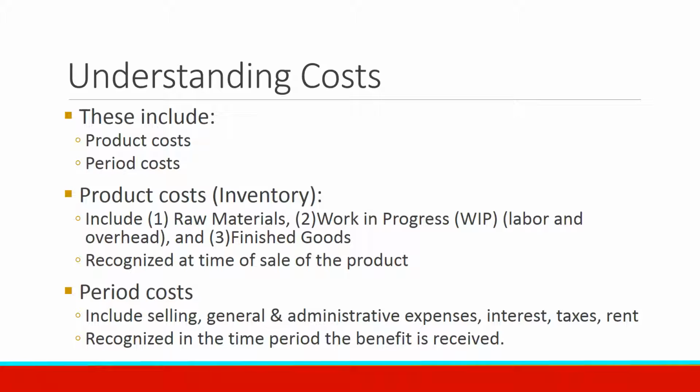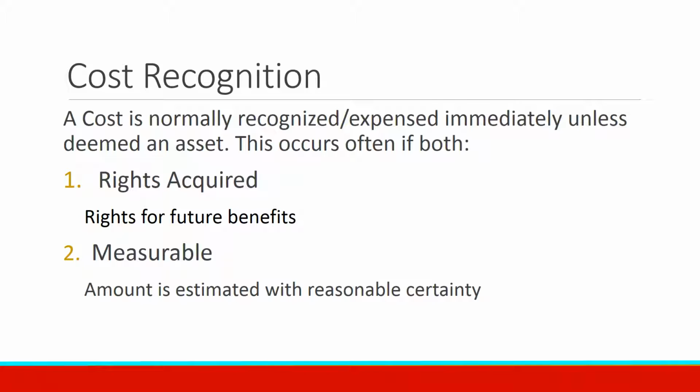This includes selling, general and administrative costs, interest, taxes, rent, essentially all the other costs other than what ends up being in the cost of goods sold. So, what happens with these period costs is that we need to identify what was the period in which we received the benefit from those expenses, and we need to ensure that the cost appears in the same time period as the benefit received.